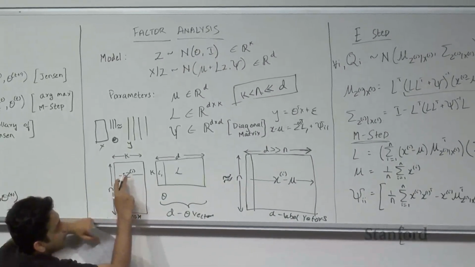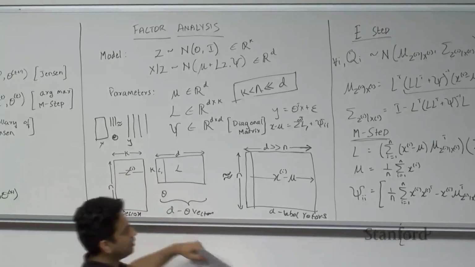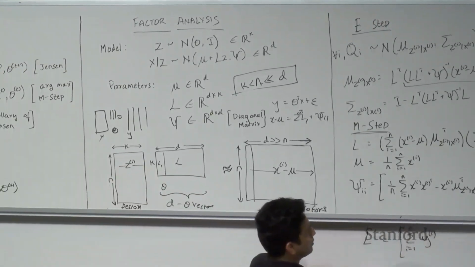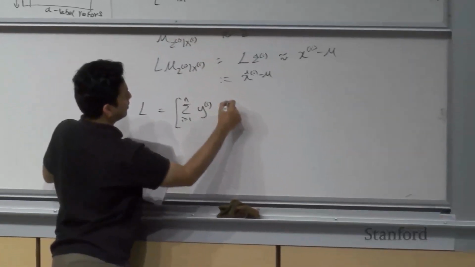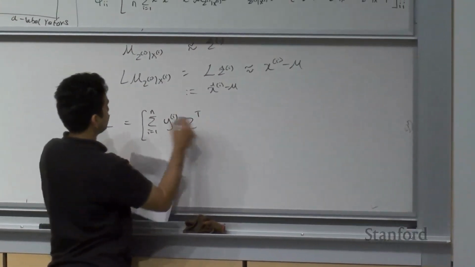So mu of z_i is our estimate of the z vector. So I'm just going to call it capital Z_i transpose.